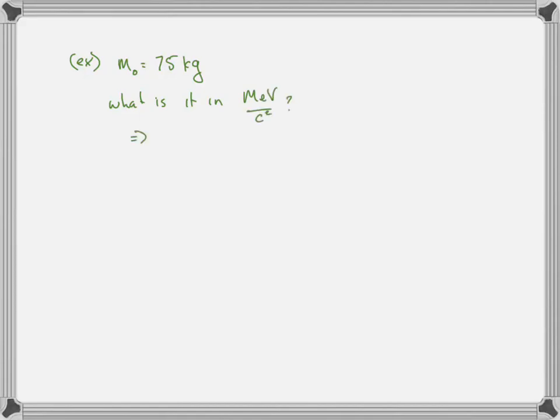So therefore, your mass, M0, is 75 kilograms times, sorry, our unit conversion is for eV per c squared: 1 eV per c squared over 0.178 times 10 to the minus 35 kilograms.